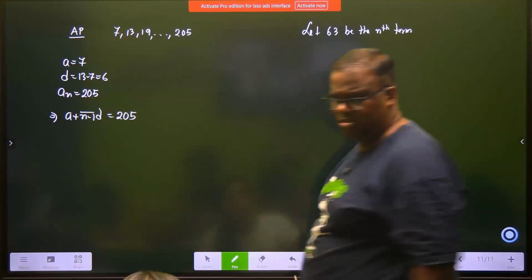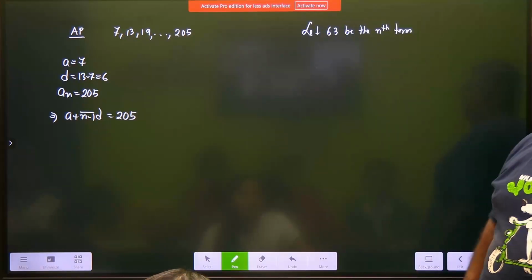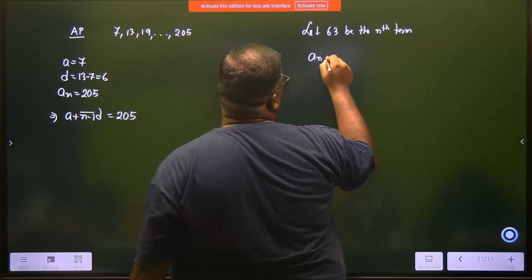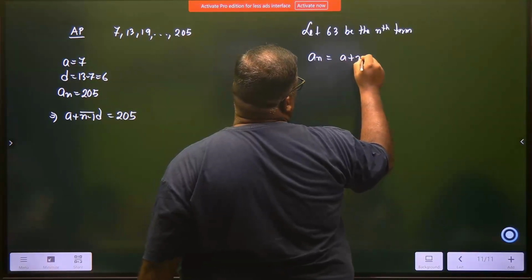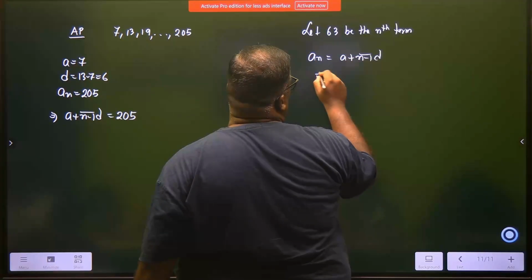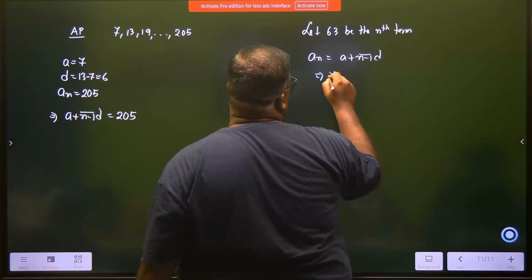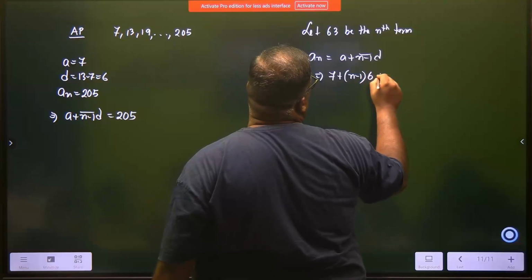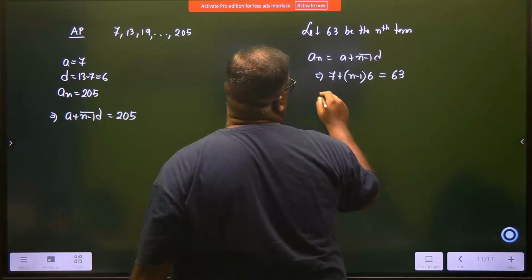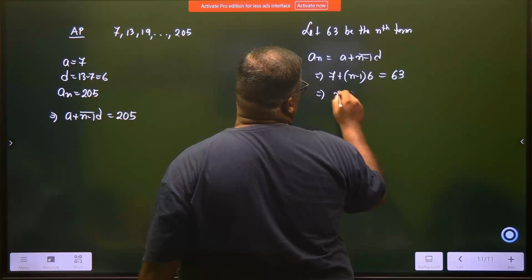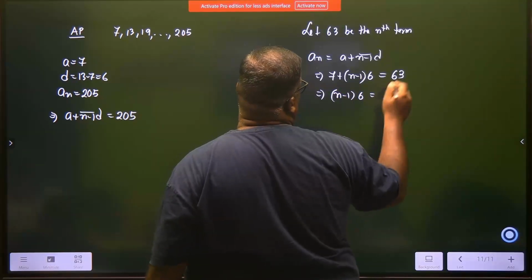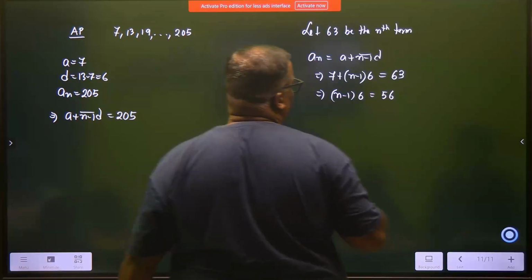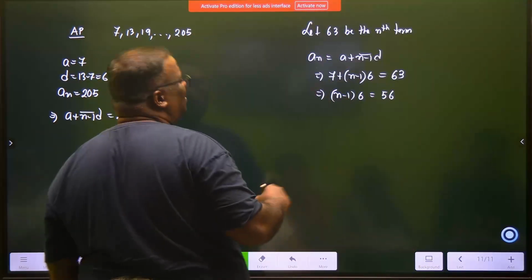So an is equal to a plus (n minus 1) into d, or we can write the value of a, 7 plus (n minus 1) into 6 is equal to 63. Agreed? So (n minus 1) into 6 is equal to 63 minus 7, which is 56.